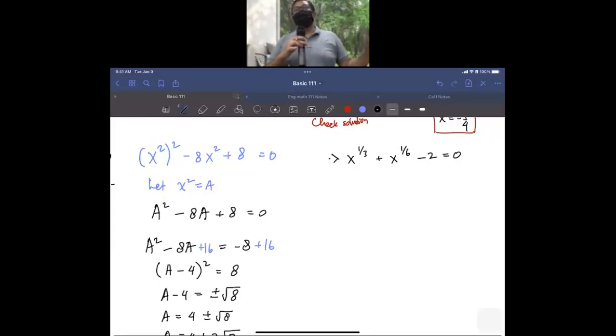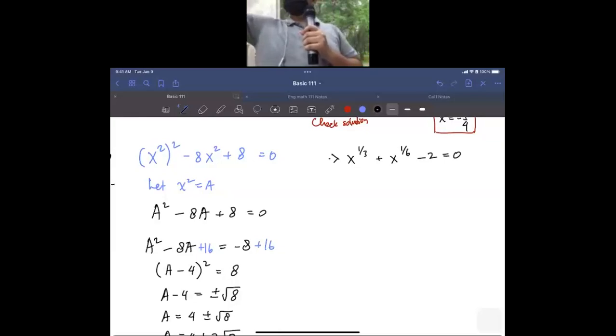Okay? So before you try something that is really complicated, maybe we can manipulate this equation into our quadratic. So we have 1/3 and 1/6. We know that 1/3 and 1/6 is basically half.